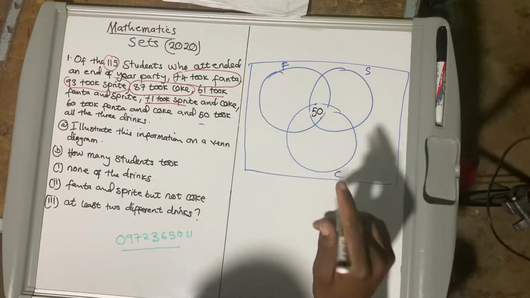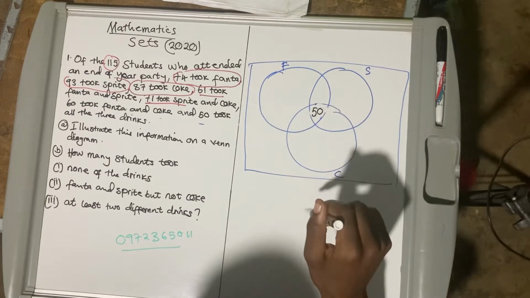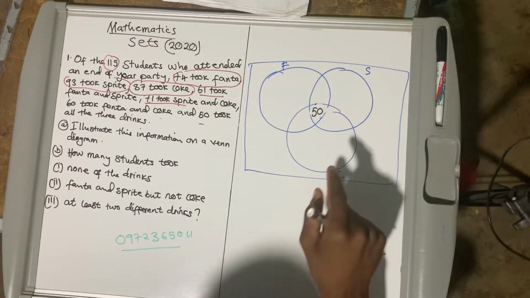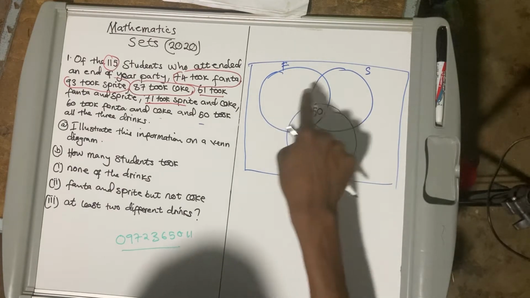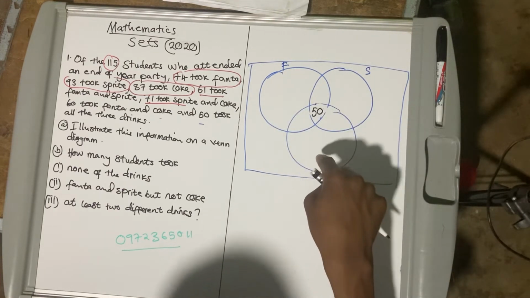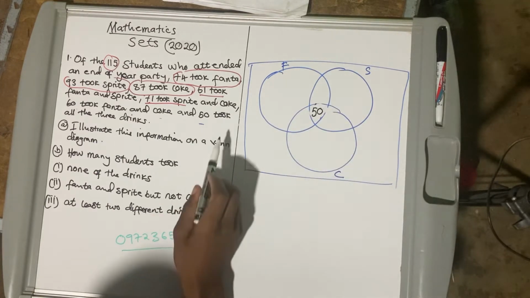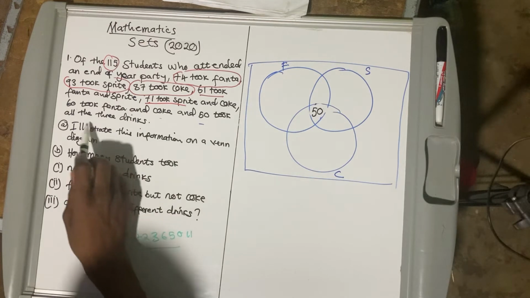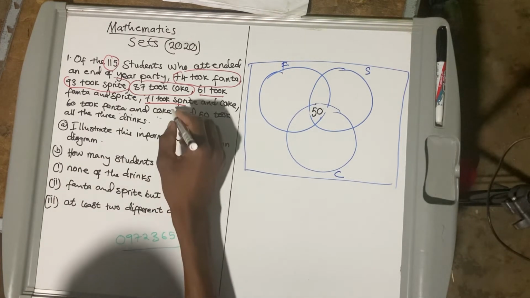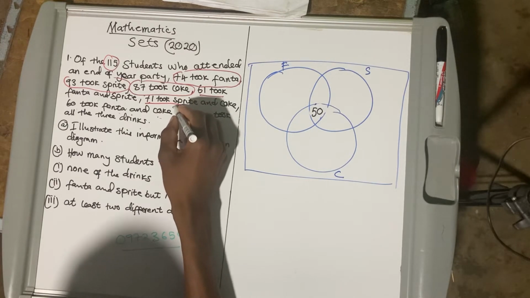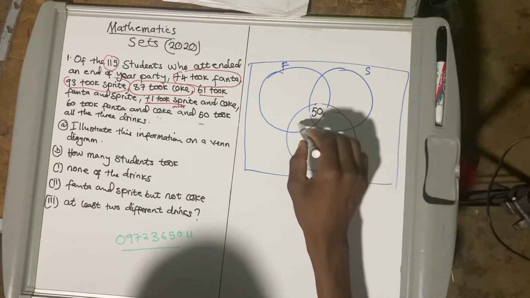When we're done with the junction between all the three sets, now we need to go to the intersections between two sets each. So we have Fanta and Sprite, Sprite and Coke, Coke and Fanta as well. We have 60 took Fanta and Coke. Now they have not put the word only. If they had put the word only, we could have put this 60 directly where there is Fanta and Coke.